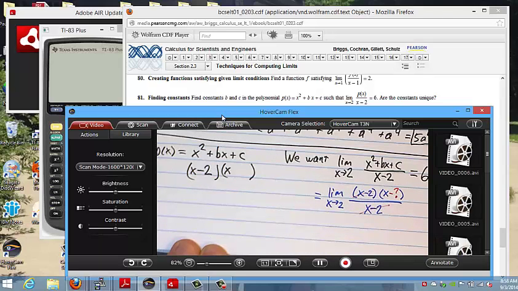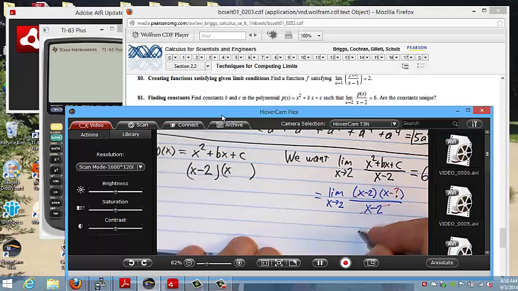And then what are you going to do? You're going to plug 2 in for the x, right? So you're going to get this little equation: 2 minus, I don't know, equals 6.